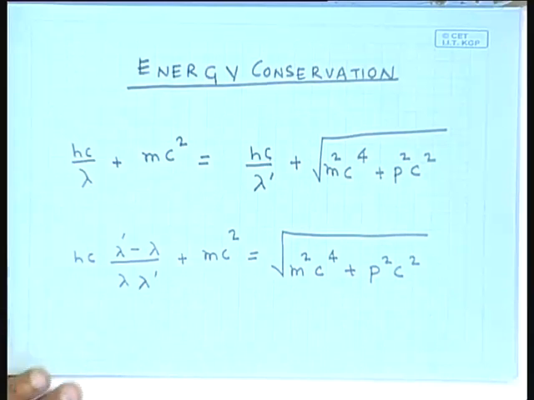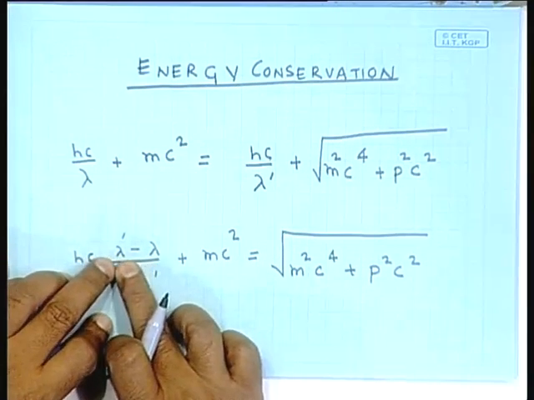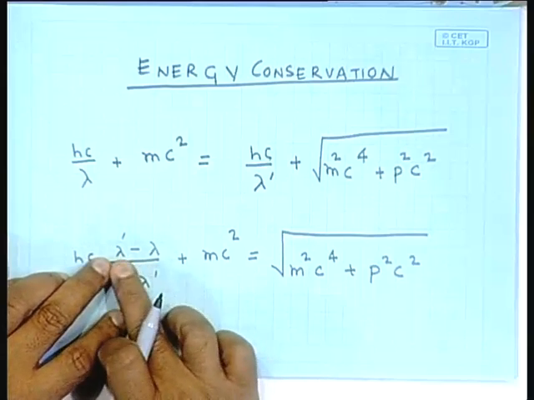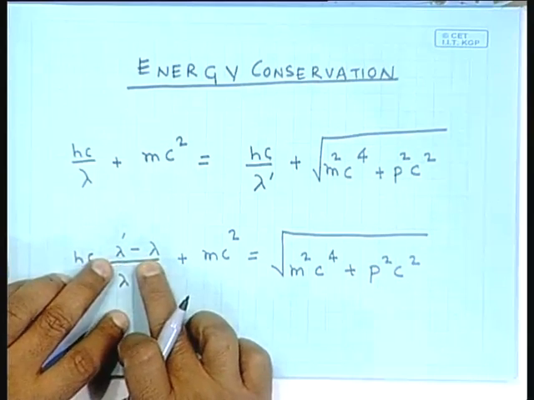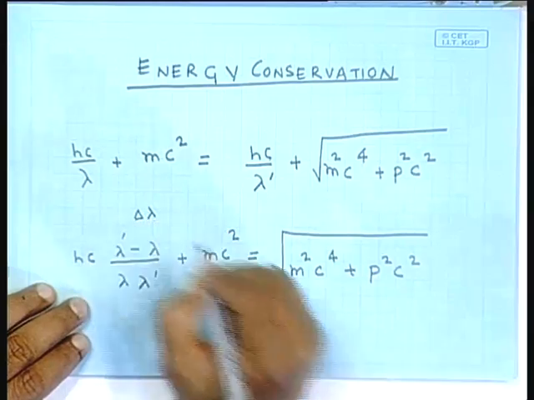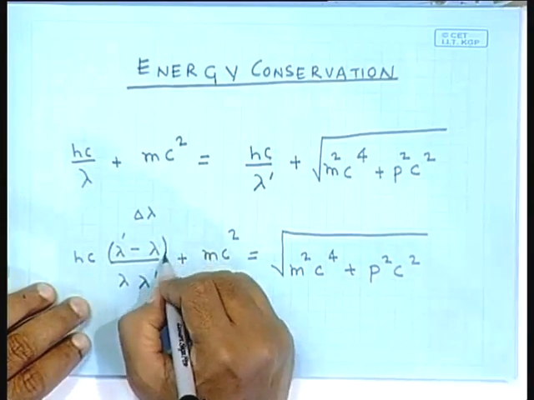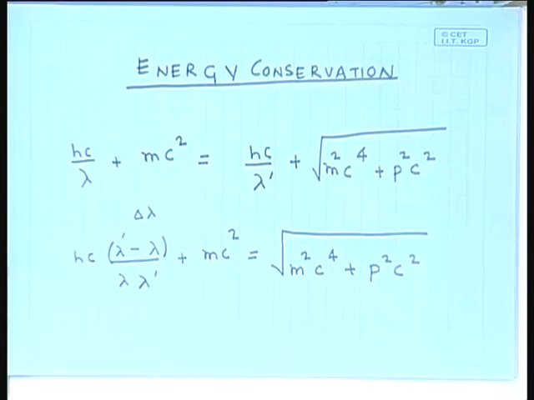Now notice that λ′ − λ is the change in the wavelength, the quantity that we are interested in, and we are going to call this Δλ, the shift in the wavelength.